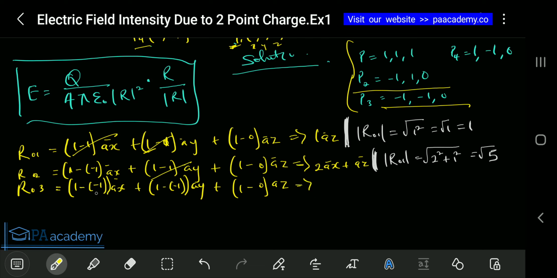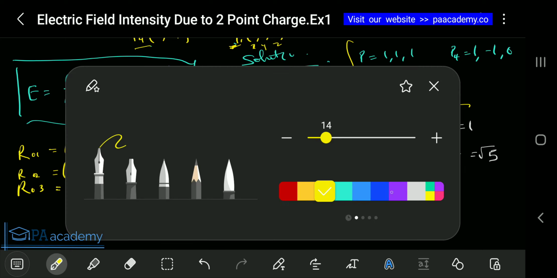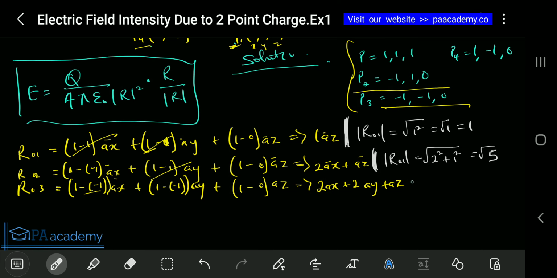So this will be 1 minus 1, that will give us 2, so we're having 2AX, and this is 1 minus 1, so that will be plus 2AY, and then 1 minus 0, that is 1, then plus AZ. Okay, so that's the unit vector. So let's go ahead and calculate the magnitude.